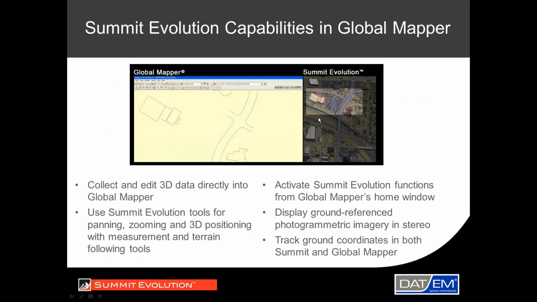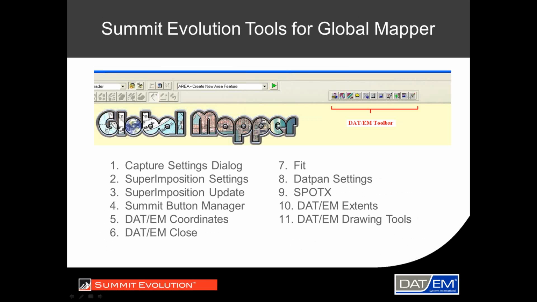So now on the Summit Evolution side, you'll have a 3D view of the area, and if you have a vector file loaded in Global Mapper, you'll see these vectors superimposed onto the 3D view of Summit Evolution. Our tools are essentially settings that you might make in Global Mapper to set up how you want to draw something. Of course, all of your features in Global Mapper that you used to use are still available to you.